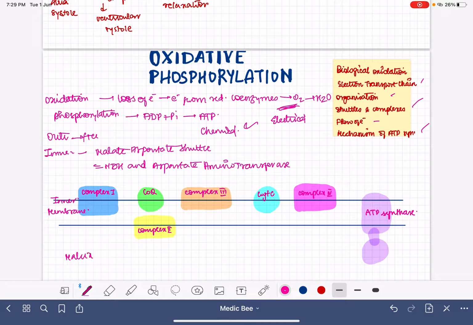This is the matrix part of the mitochondria, and here is the intermembrane space between the outer and the inner membrane. So this will transfer NADH into the matrix, into the mitochondria.